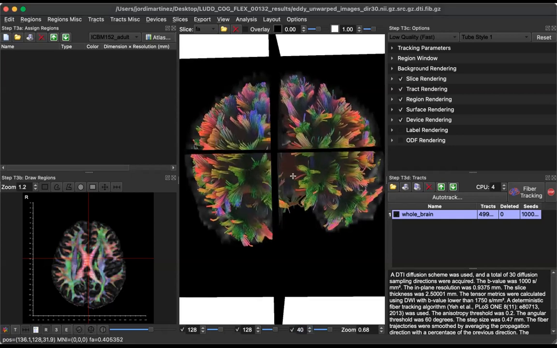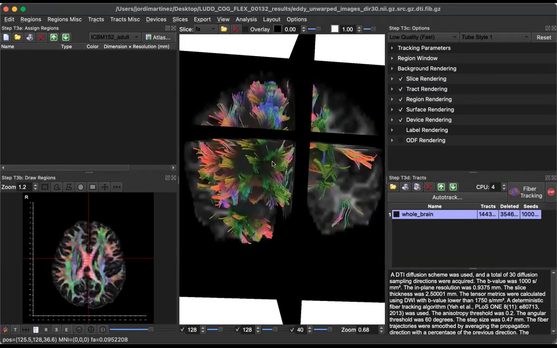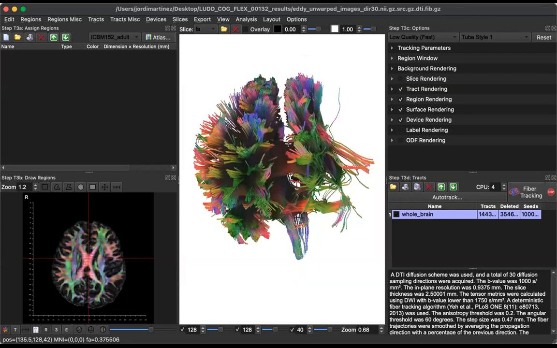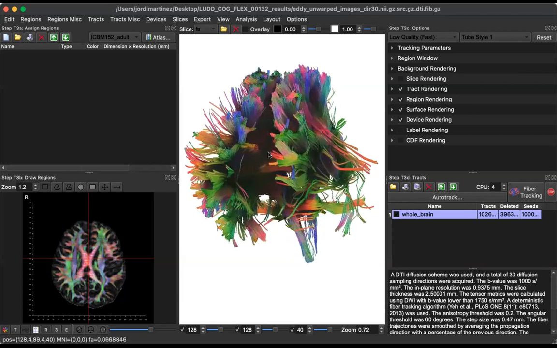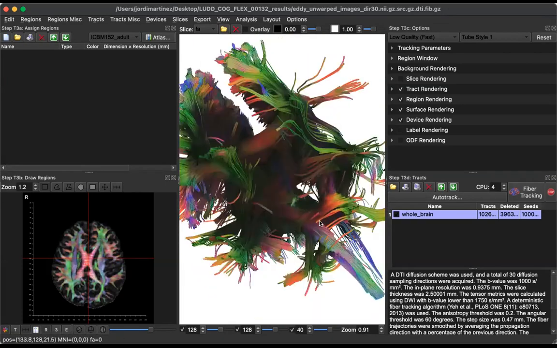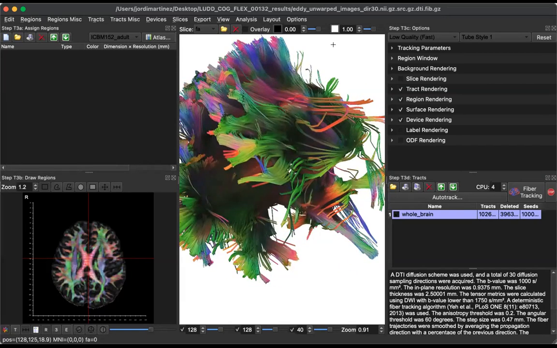I don't use the cutting function much. I usually just use the ROIs, so it's kind of difficult for me to use. Oh, you can see the commissures. Do you want to take this off?